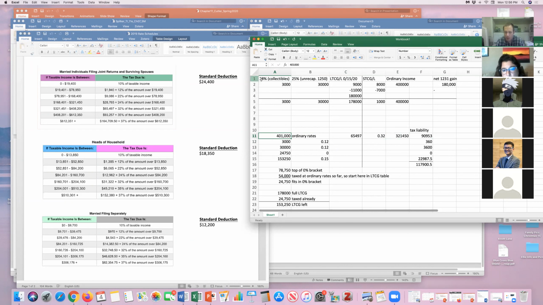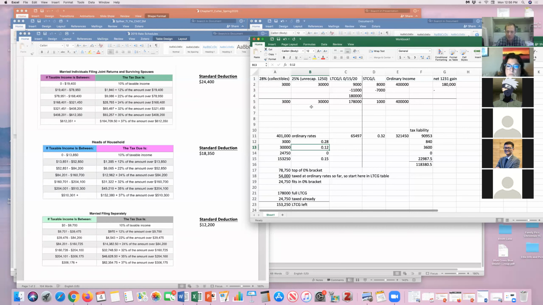Now I'm going to start at the highest here, 28%. I had this gain from the antiques. If I look where they're at, their ordinary rate's now up to 32%, so 28% is lower. So I'll use that, the lower of 28% or their ordinary rate.